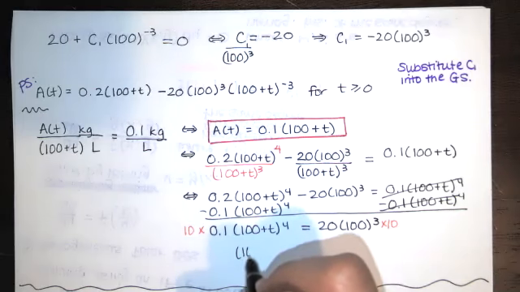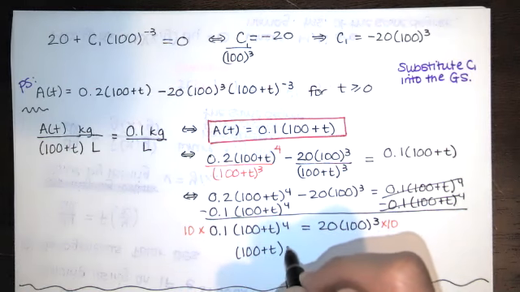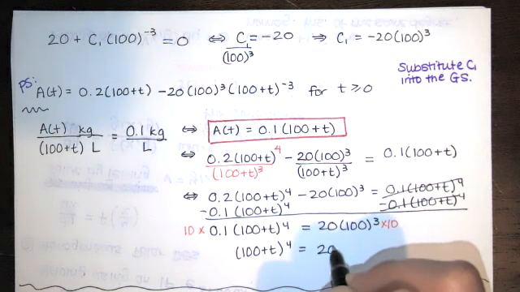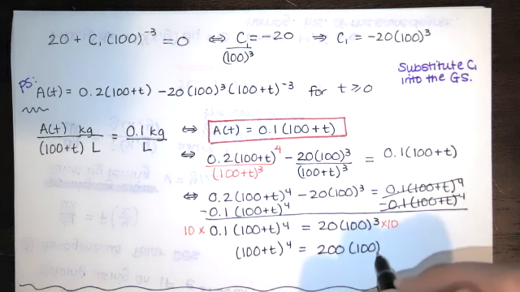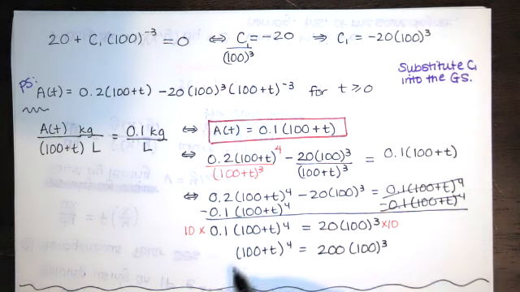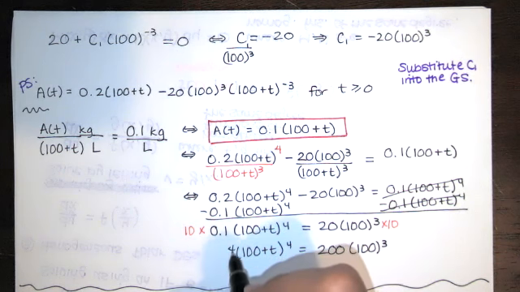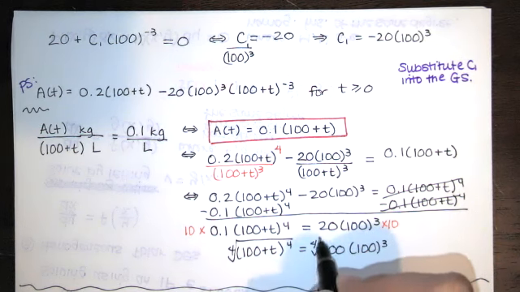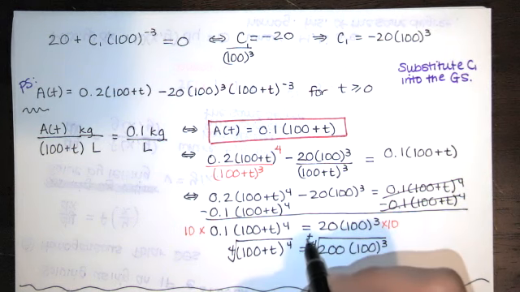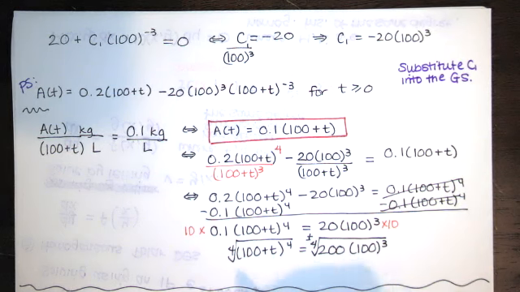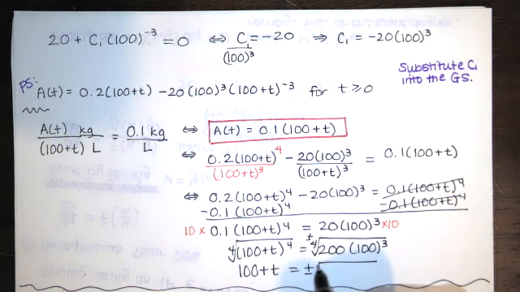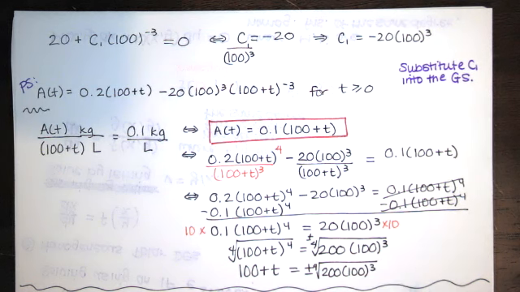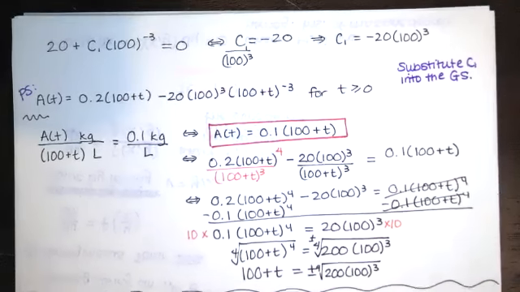So we have 100 plus T to the fourth is equal to 200 times 100 cubed. To get T by itself, we'll take the fourth root of both sides. Normally we would do a plus or minus for this algebra problem. Then you've got 100 plus t is equal to plus or minus the fourth root of 200 times 100 cubed. And then to get t by itself, we'll subtract 100 from both sides.